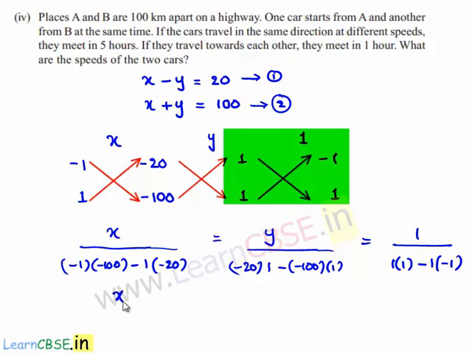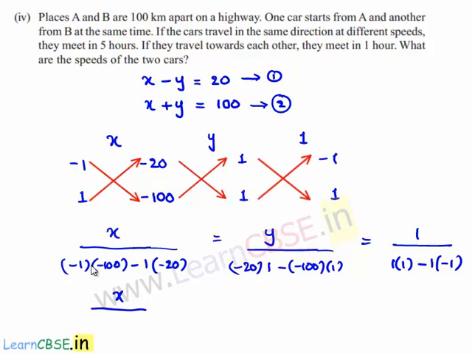This can be written as x divided by 100 plus 20 is equal to y divided by minus 20 plus 100 is equal to 1 divided by 1 plus 1.